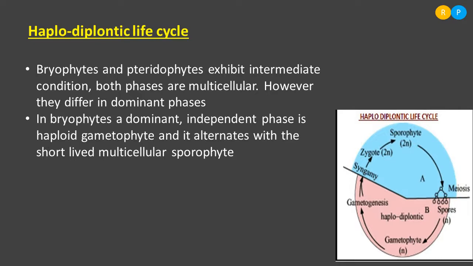So the dominant independent phase in the bryophyte is the gametophytic phase, and it alternates with a short-lived multicellular sporophytic phase. That multicellular structure in most cases depends on the gametophytic plant, and in some it is free living, based on the kind of species.